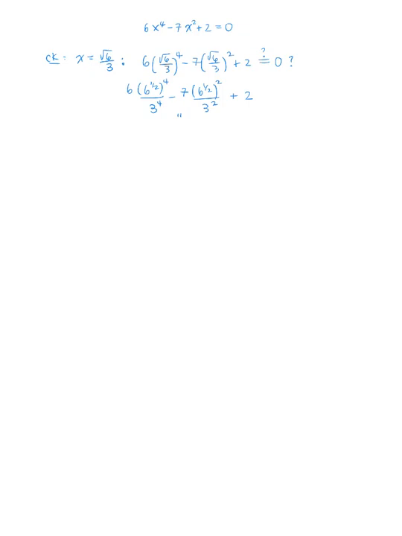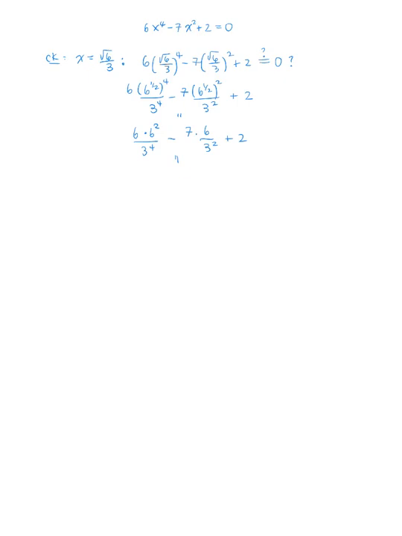So this is the same thing as 6 times 6 to the 4 over 2, which will give us 6 to the second power all over 3 to the fourth. Again, I'm doing this step by step by step. So if you can do this in your head, you don't have to show me all these steps. So now you're going to have 7 times 6 to the first power, whole thing over 3 to the second power, and then plus 2. Okay, we got this.